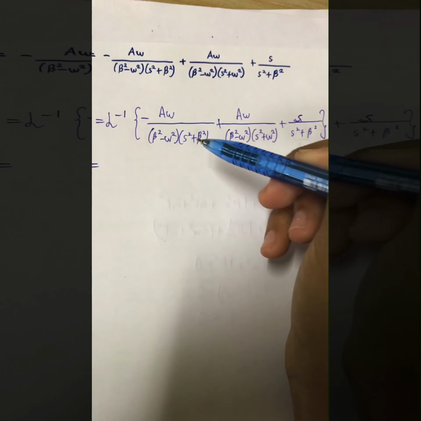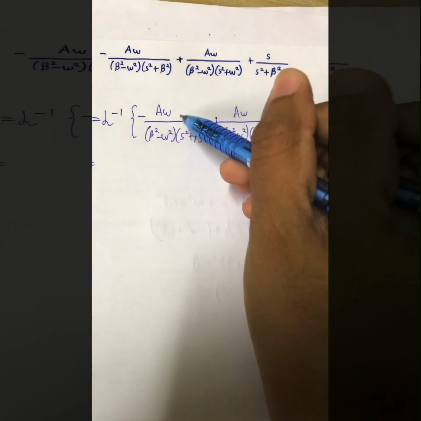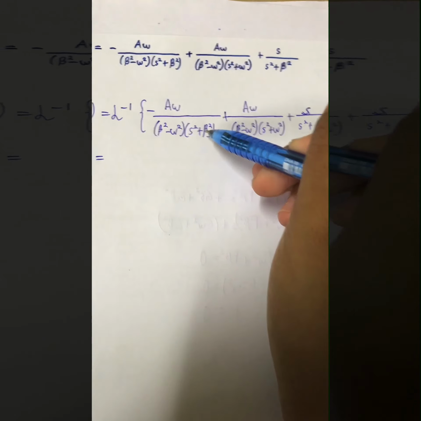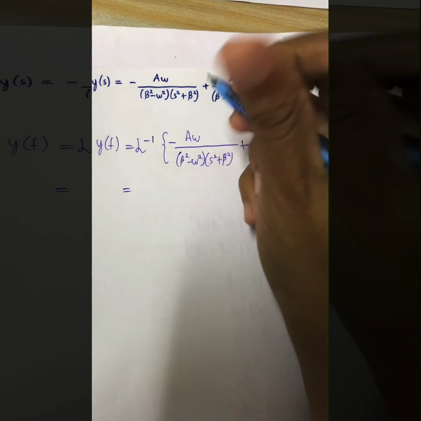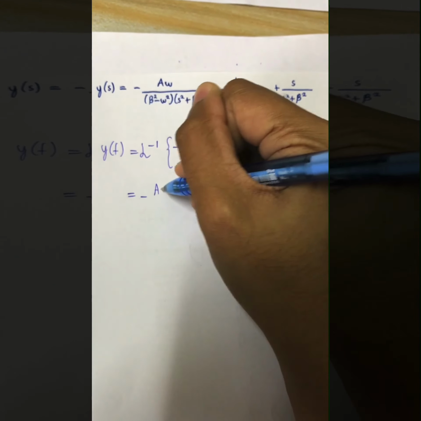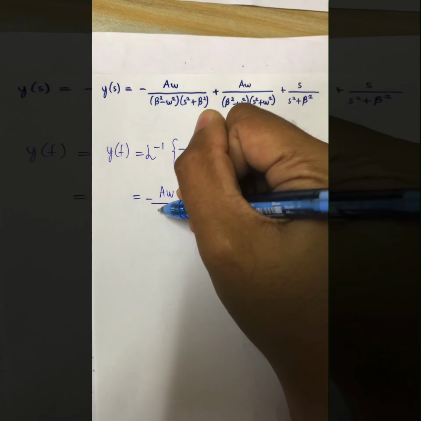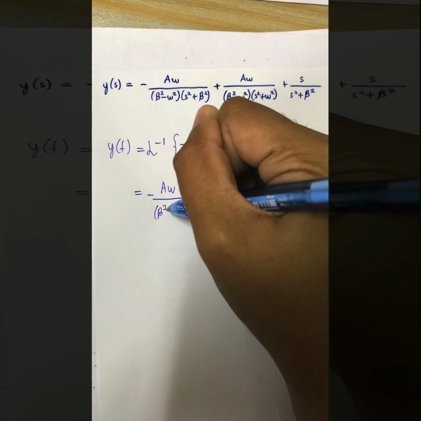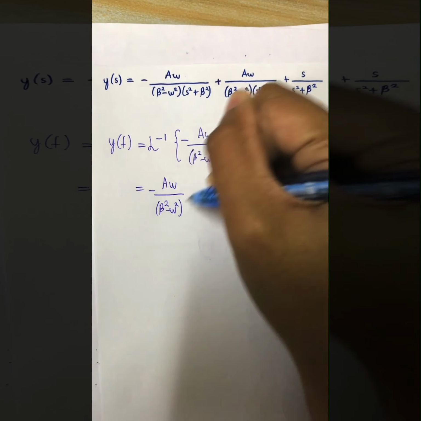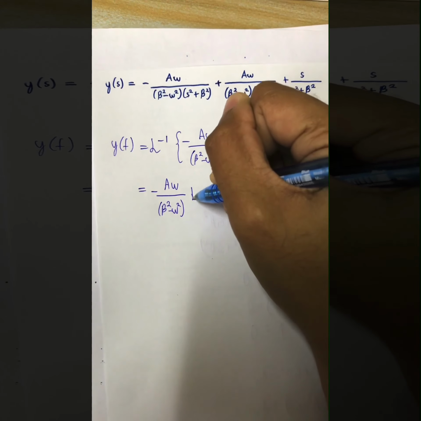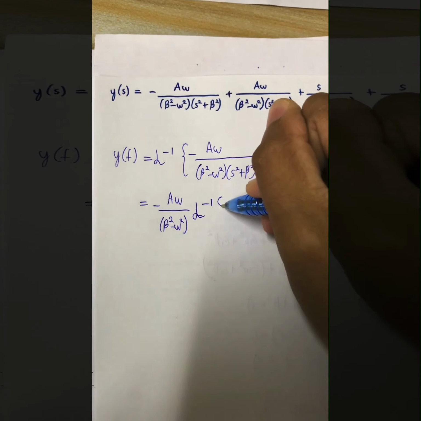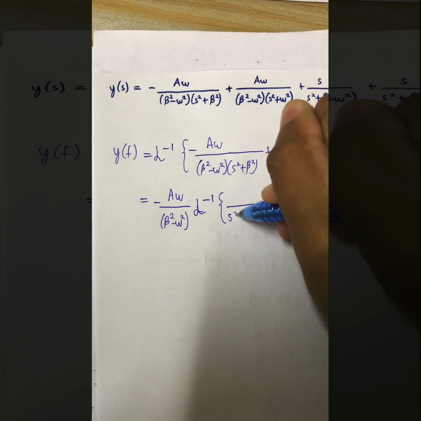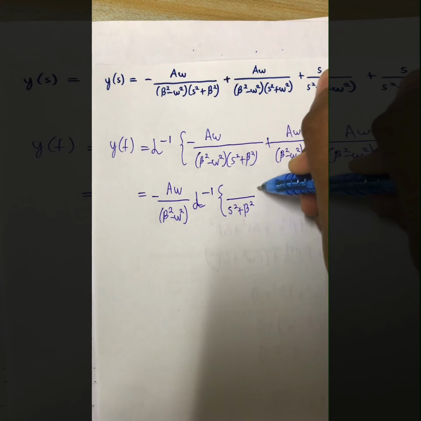So we need to have the constant in the upper part and then the constant in the lower part. So this we extract out, minus a omega over beta square minus omega square, times the inverse Laplace transform of one over s square plus beta square.